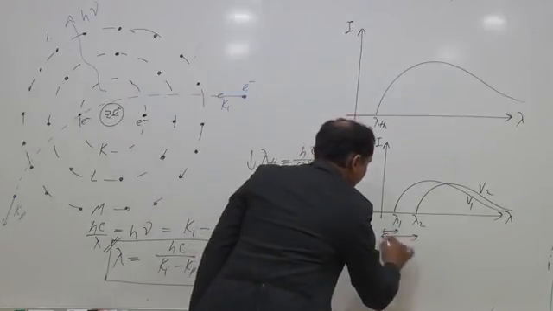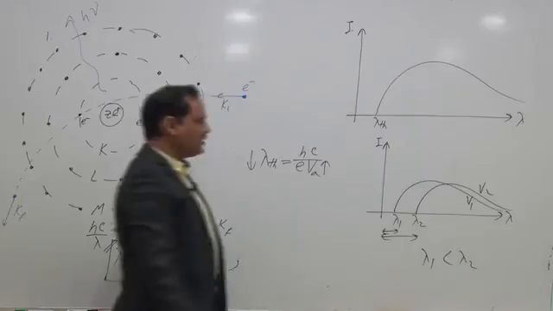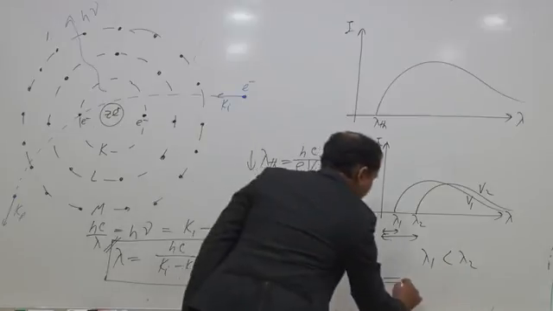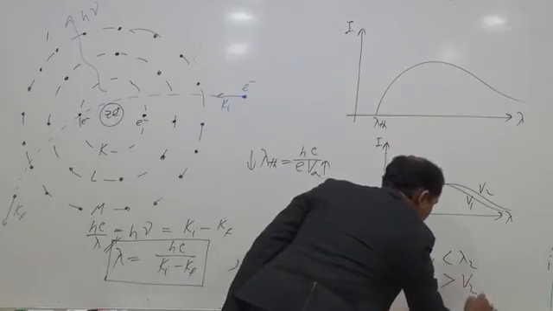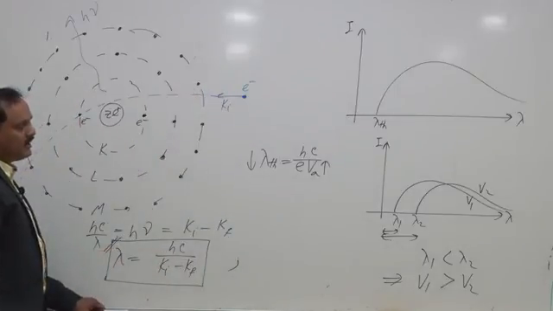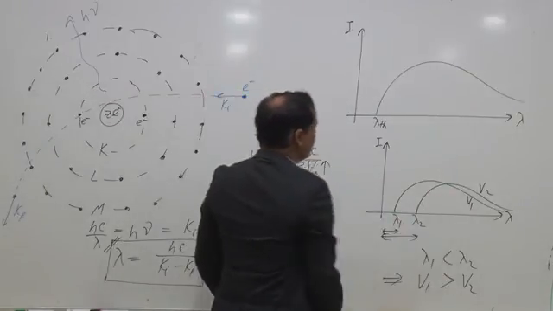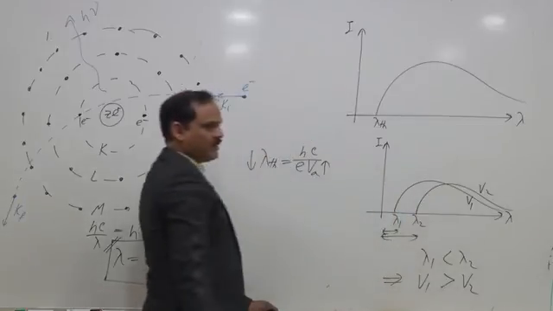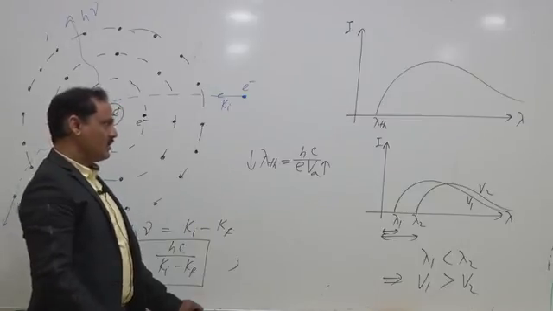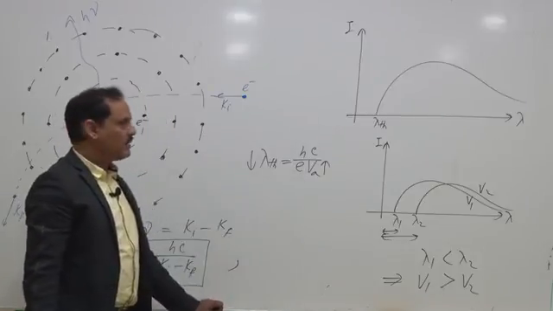As you can see, lambda 1 is less than lambda 2, so V1 is greater than V2. The accelerating voltage in the first case is greater than in the second case. That means if we increase the accelerating voltage, the graph shifts towards the origin, and the threshold wavelength shifts to a lower value. This is how the intensity versus wavelength graph varies with accelerating voltage.